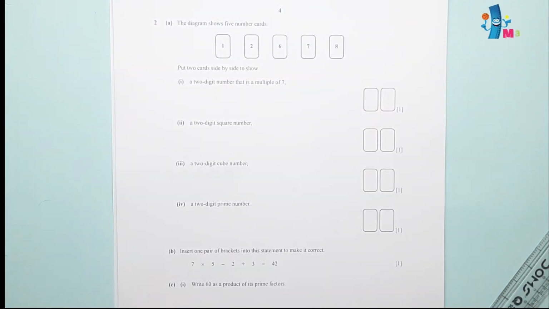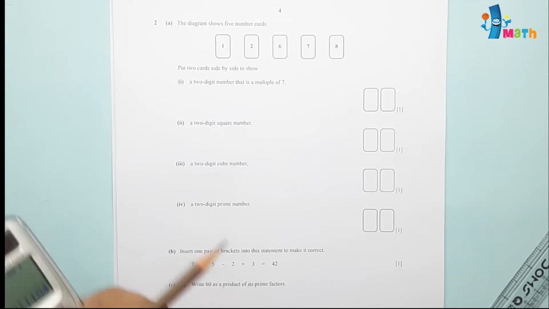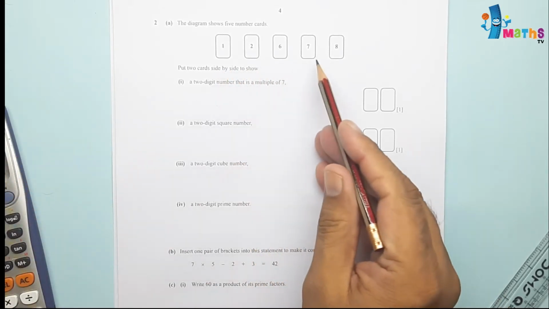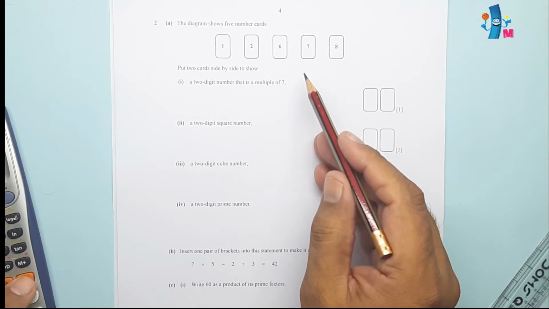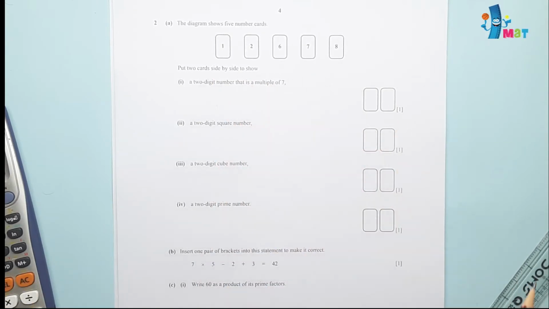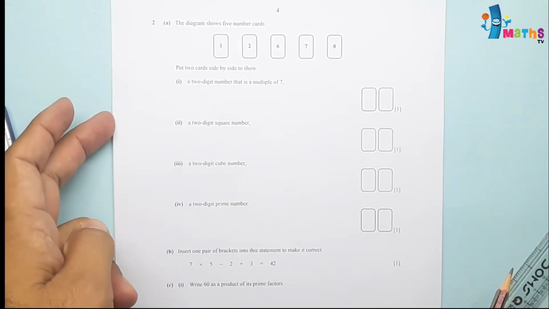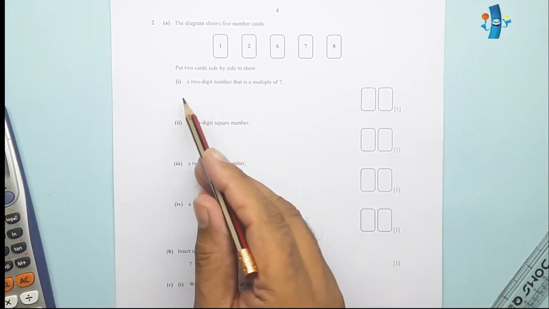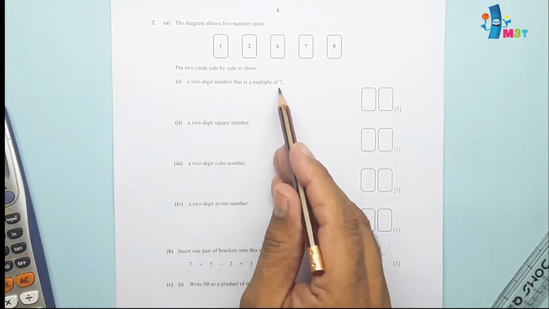Now question number 2, the diagram shows 5 number cards, and they have given 1, 2, 6, 7, 8, and put 2 cards side by side to show a 2-digit number that is a multiple of 7.